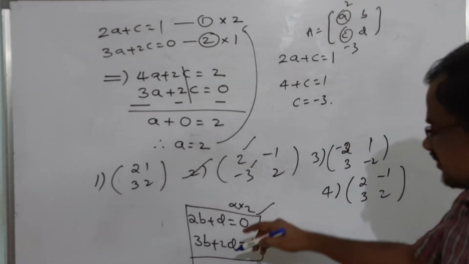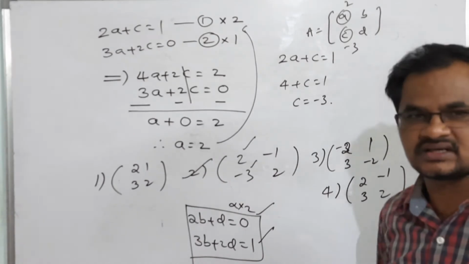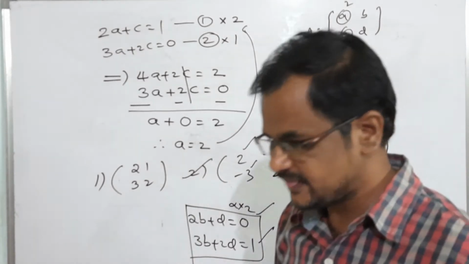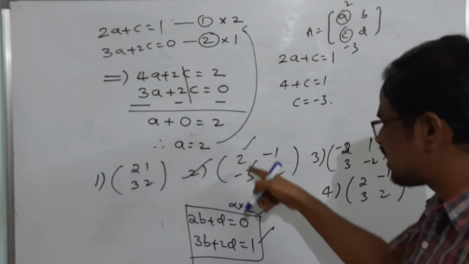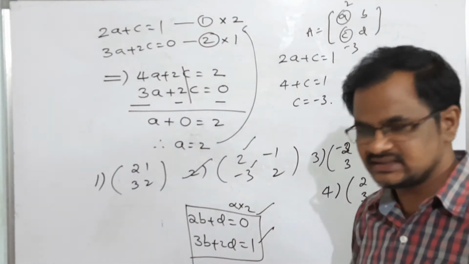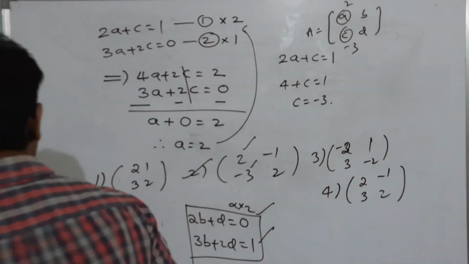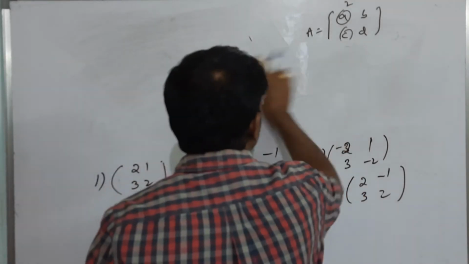So without finding b and d, you can identify the answer, that is the second option, right? Suppose 2 comma minus 3 was there in any of the other options, then we would have to solve for b and d also, right? Right. Next problem.